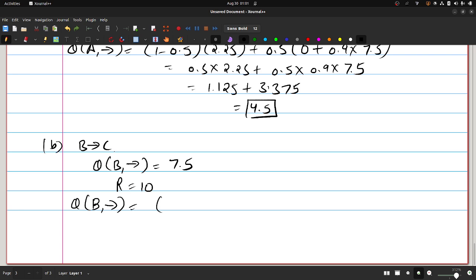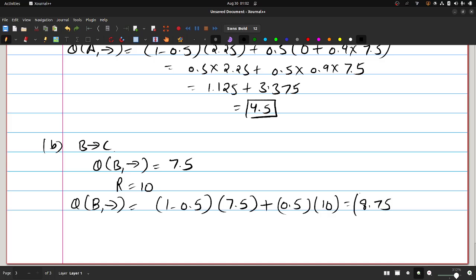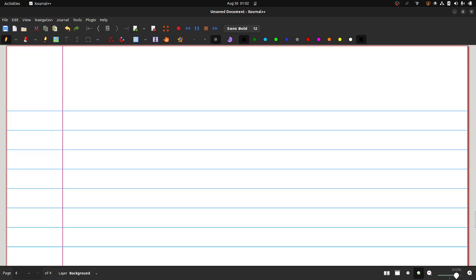It will be updated to 1 minus alpha times the Q value in state B, plus alpha times the reward. So this will be approximately 8.75. So now you can see that the Q values for all of the states are updated now.